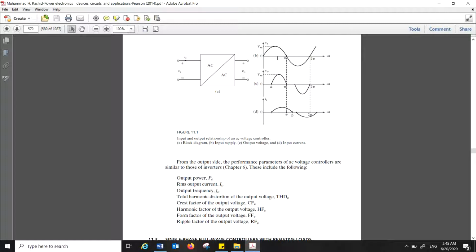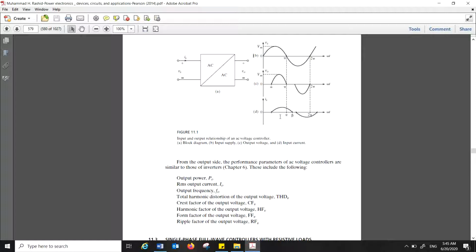This is our input supply, and this is our output. You can see that the output is chopped somewhat. Every waveform would start from 0 to pi, but here it is delayed by a certain angle alpha and stripped off at a certain point. Similarly for the negative half cycle.